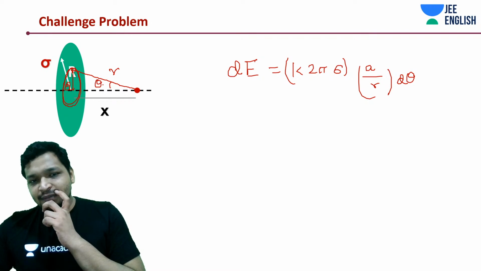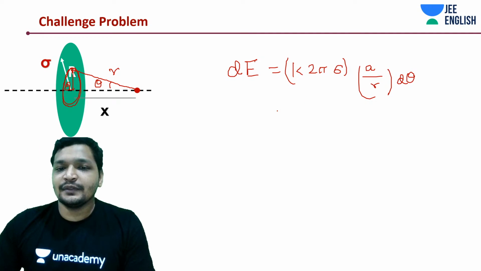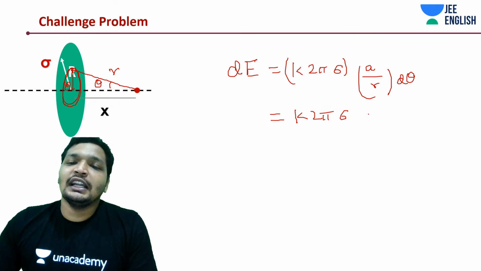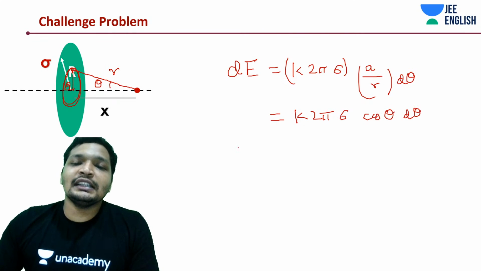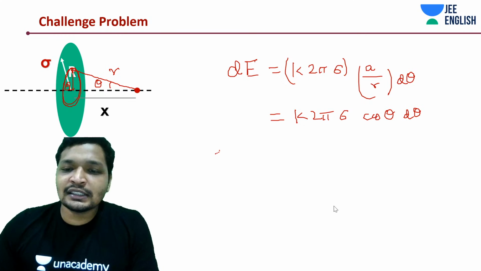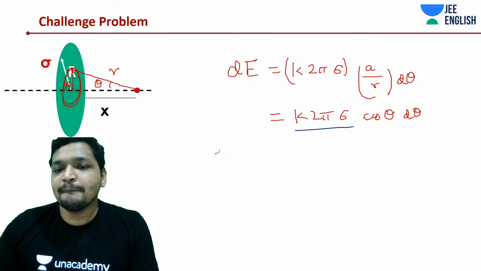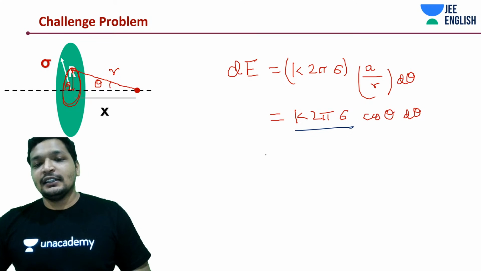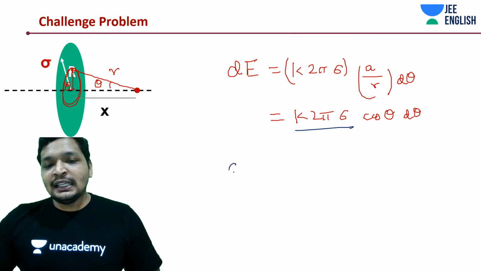This is theta. A by R is cos theta. How simple is this integration? Cos theta d theta, this entire thing is constant. Done?